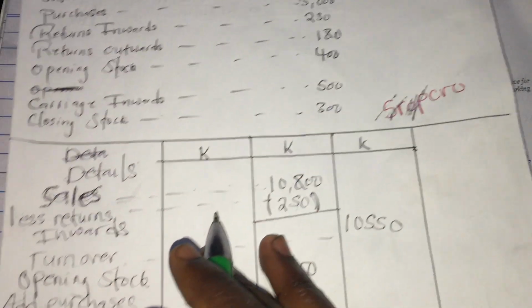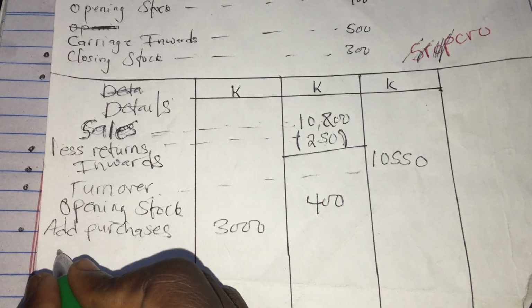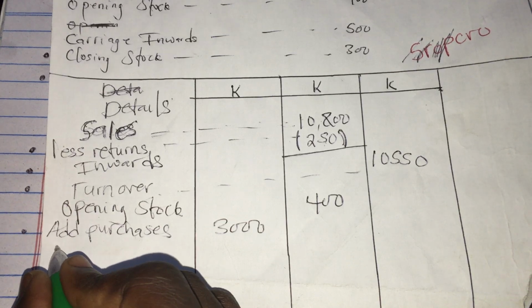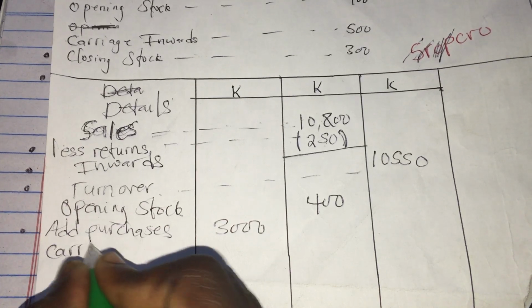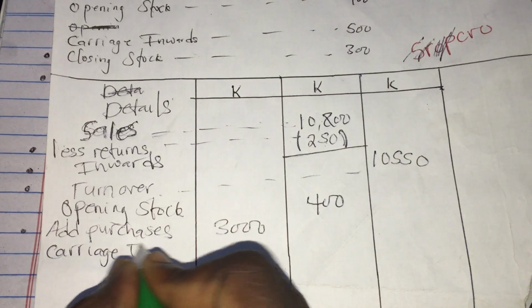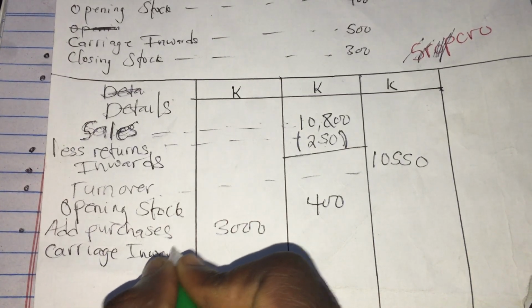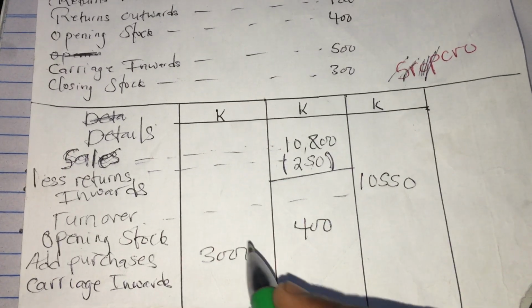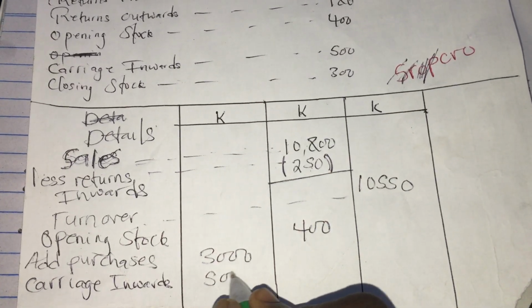Then we come to our swap row, we cancel. Then now it's C. C is the carriage inwards. We have the carriage inwards. So the carriage inwards is how much? It's 500 kwacha.